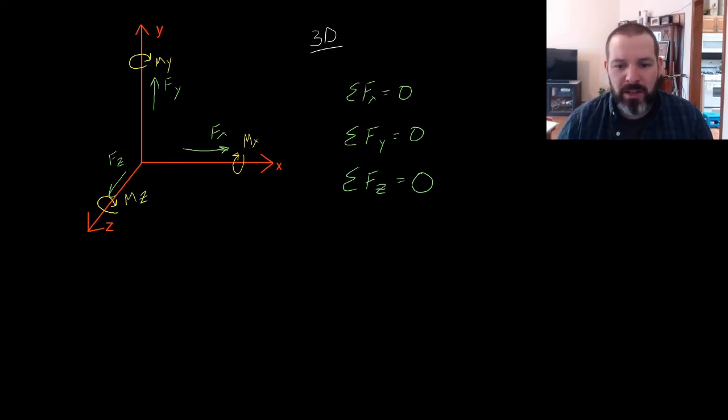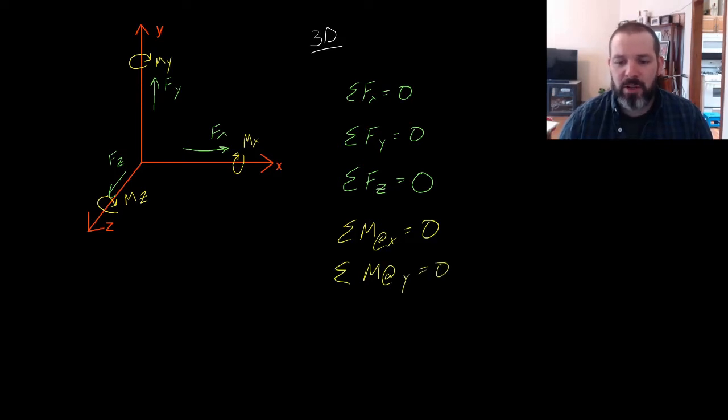We know that the sum of the moments about the x-axis, I'll use the @ sign, have to equal 0. The sum of the moments about the y-axis have to be 0. And the sum of the moments about the z-axis must be 0.